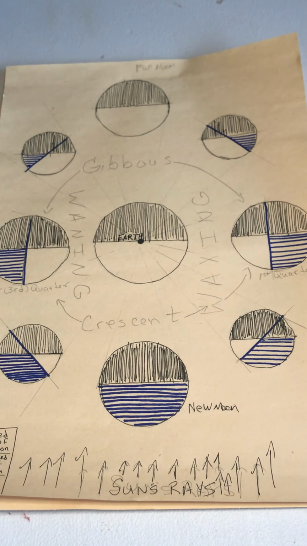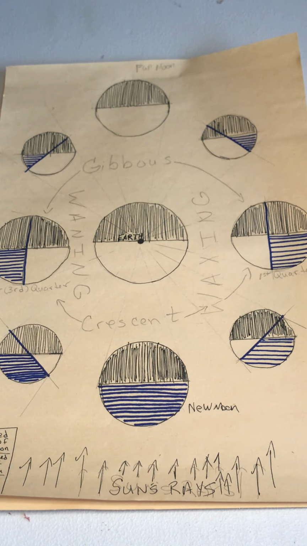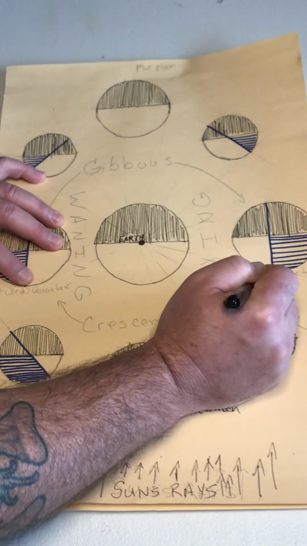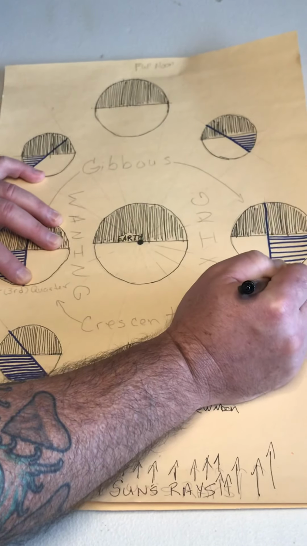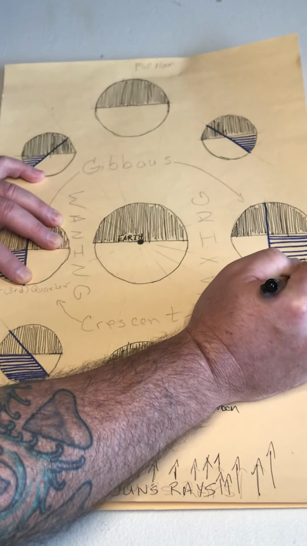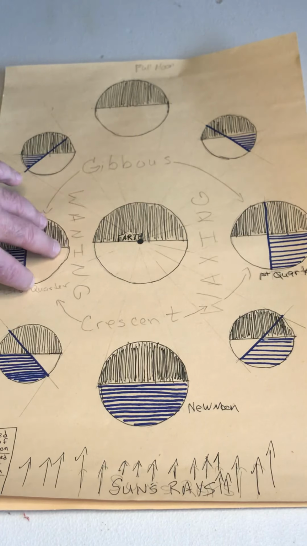All right. So the first four I'm giving you are a fixed point in time. There is an exact new moon time. Then there's an exact first quarter time, about a week later.